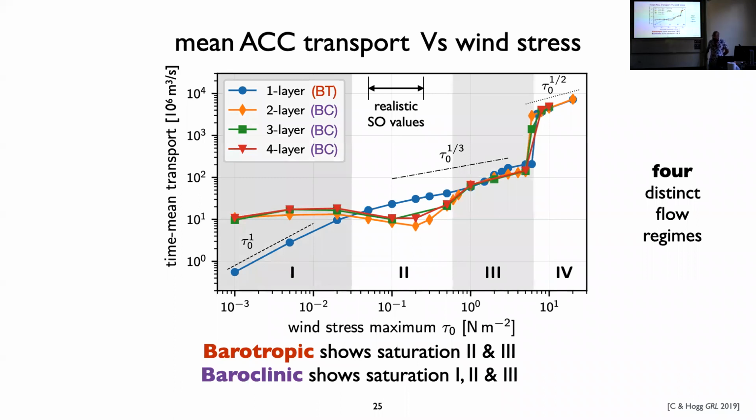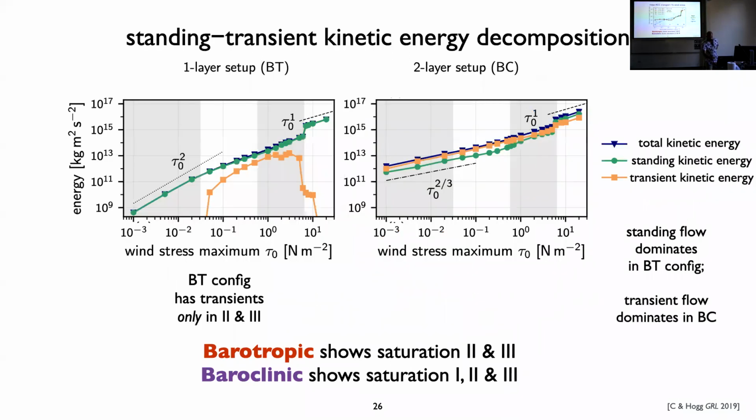And so we can think of this diagram as split into 3 flow regimes. And in regimes 2 and 3, we can have what we call an eddy saturated state. Okay, so we want to understand what is happening in those regimes.